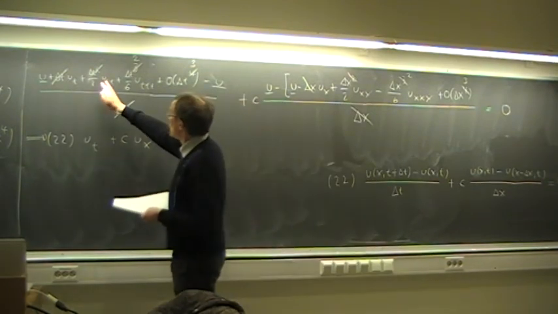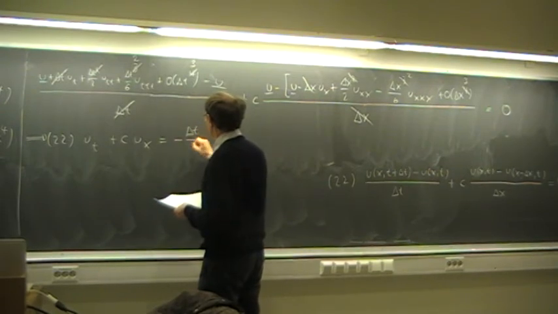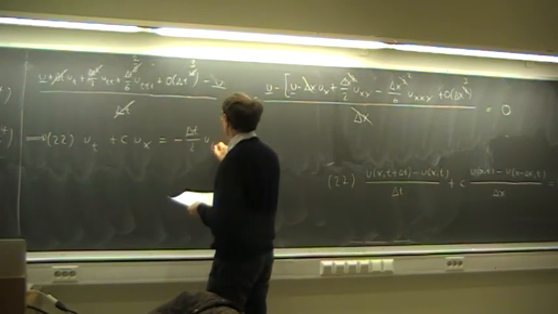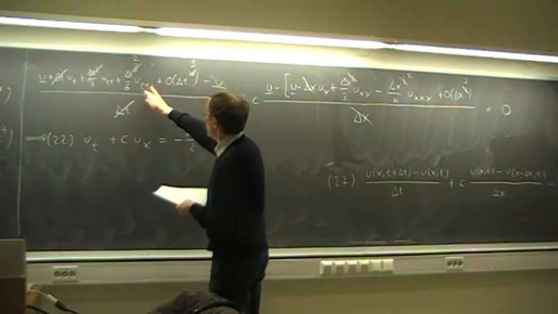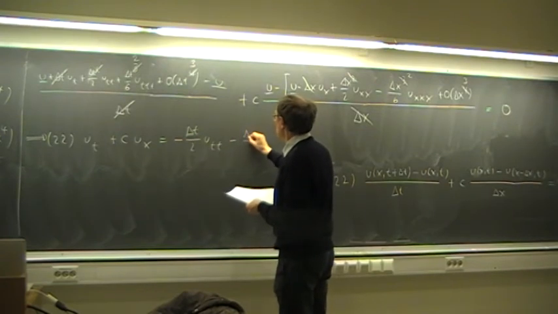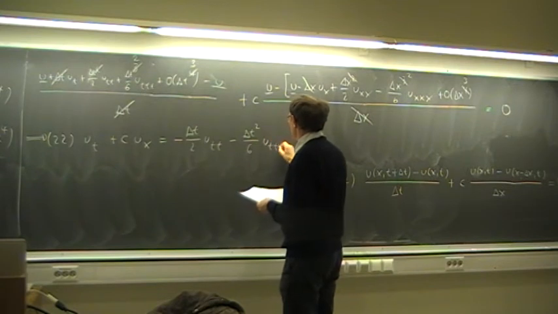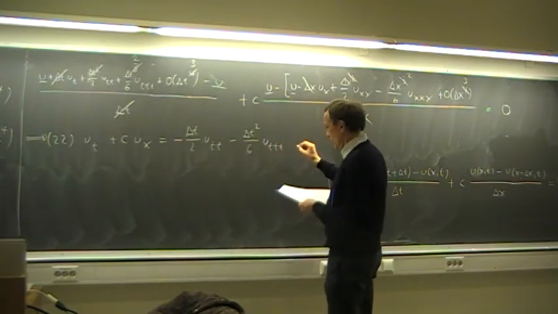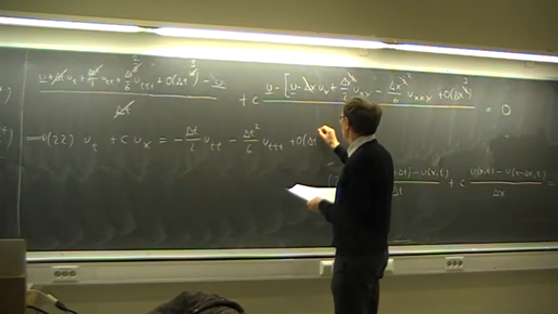So we move this term here now to the right, therefore minus delta t half u_tt, and if we just collect the other time derivative terms, we get here minus delta t squared divided by 6 third time derivative, and then we have here order delta t to the power 3.